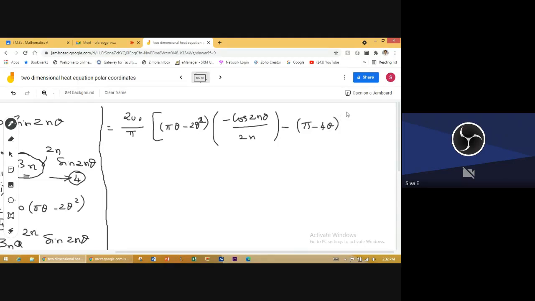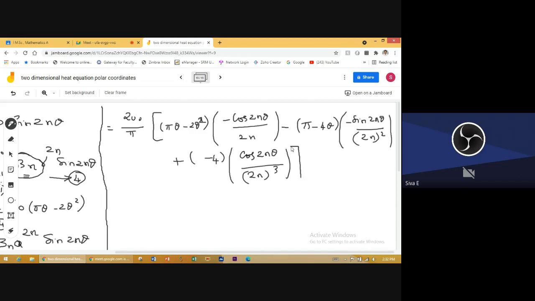Then integration of cos is minus sine 2n theta by 2n whole square. Last one is plus, differentiation of pi minus 4 theta is minus 4. Integration of minus sine is cos, cos 2n theta divided by 2n whole cube, 0 to pi by 2.